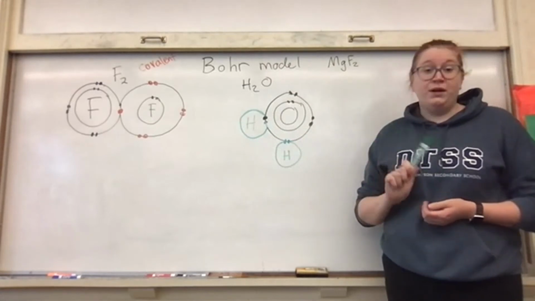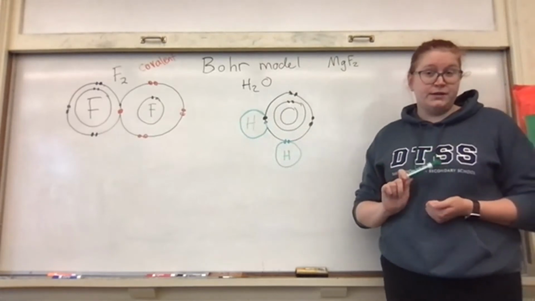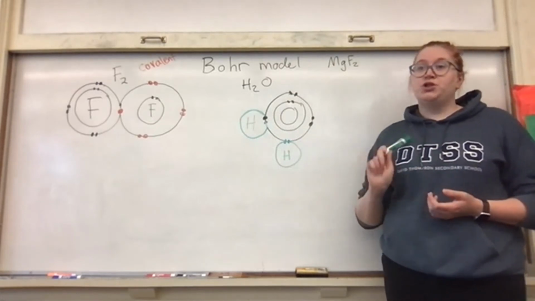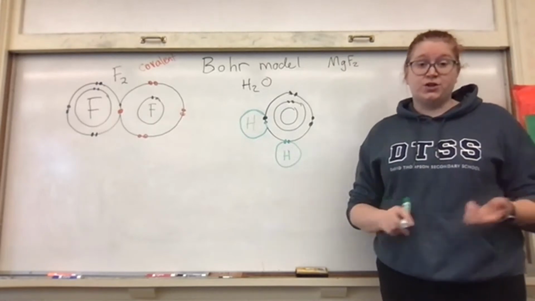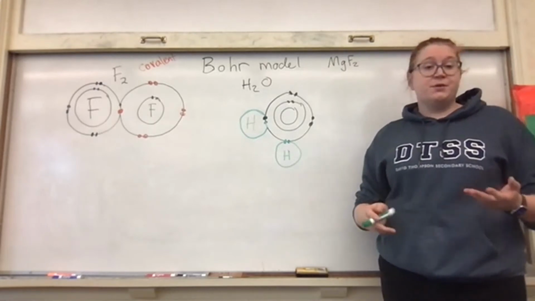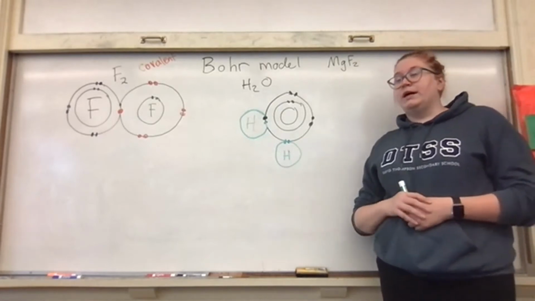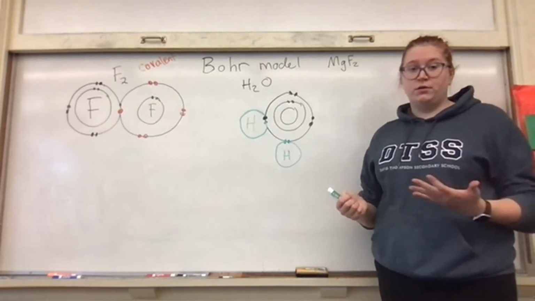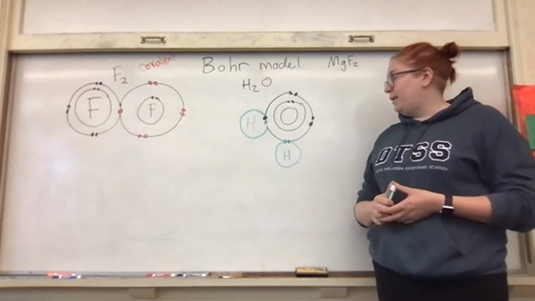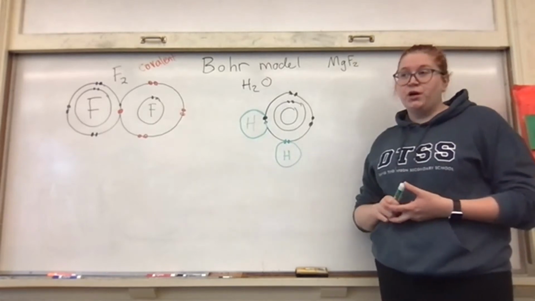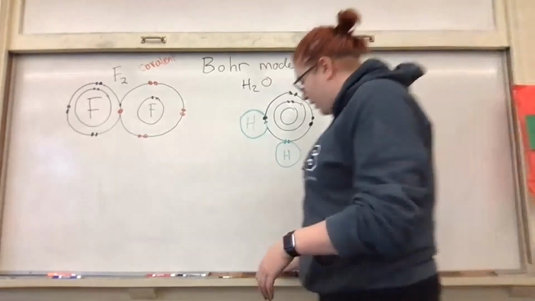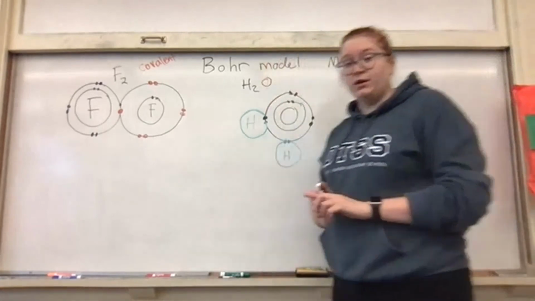Okay, now with covalent bonds, you can share more than 2 electrons. You could actually have something called a double bond. And that happens when you share more than 1 pair of electrons. So oxygen is another diatomic molecule.